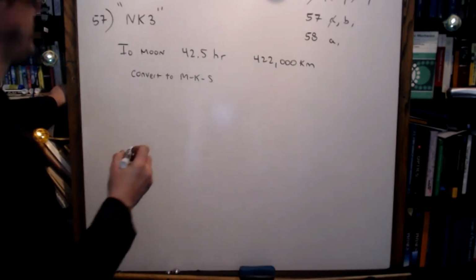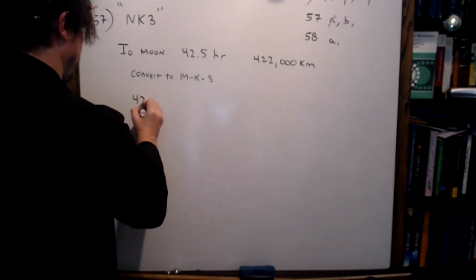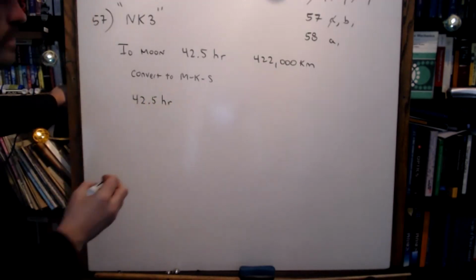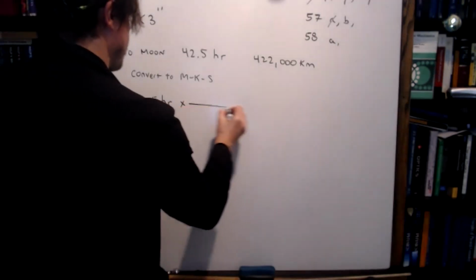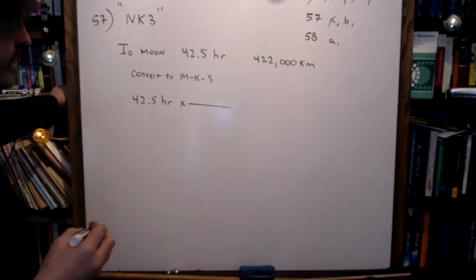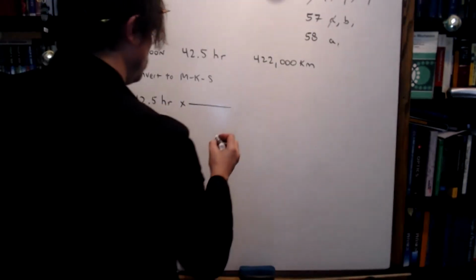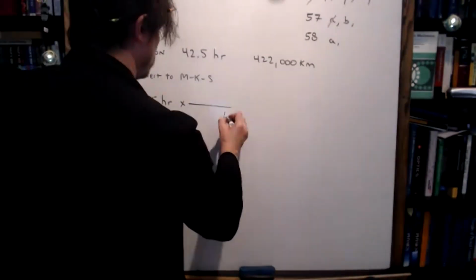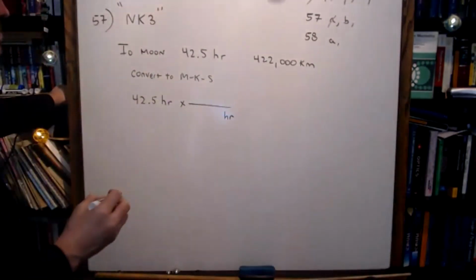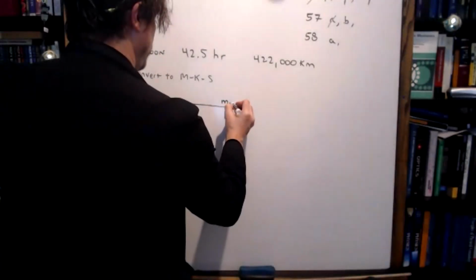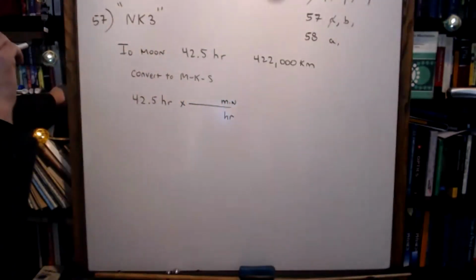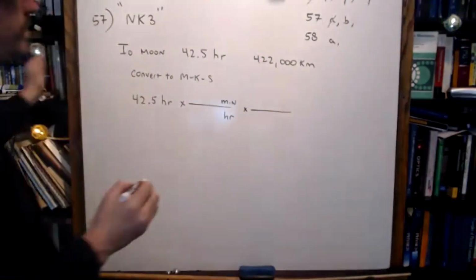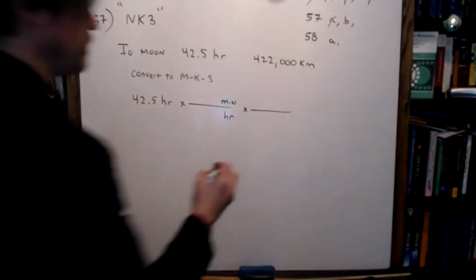Put down 42.5 hours, times. At the bottom you'll have hours, and above, I think you have minutes. Then you multiply again, and at the bottom you'll have minutes, and at the top you'll have seconds.